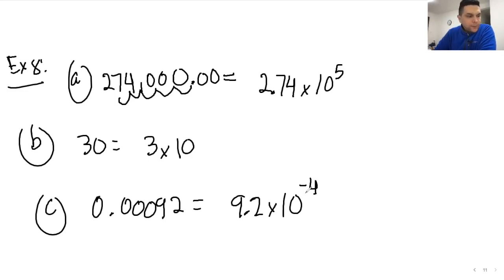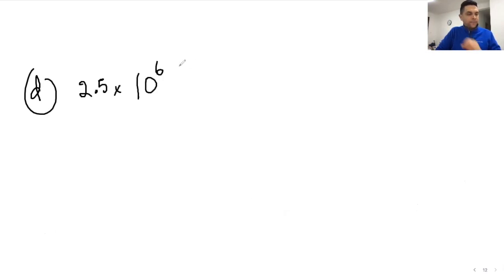All right. Now we're going to go the other way. We're going to go from standard form to ordinary numeral. Numeral is a number, ordinary. So let's see, D, 2.5 times 10 to the 6.